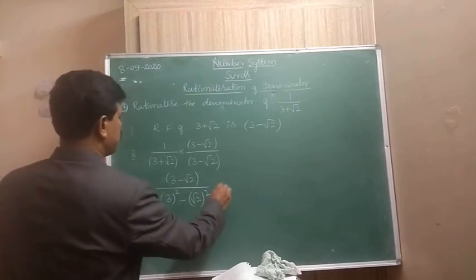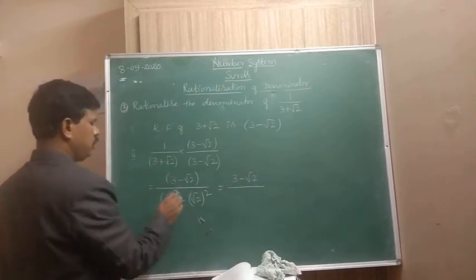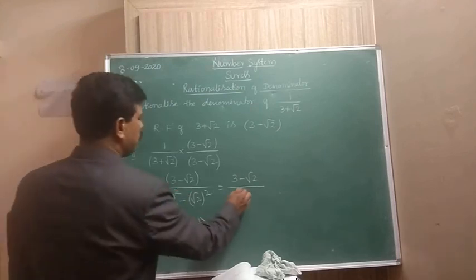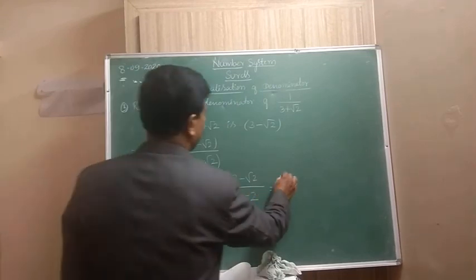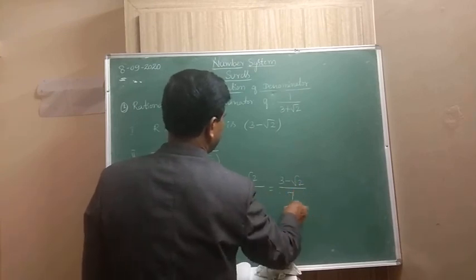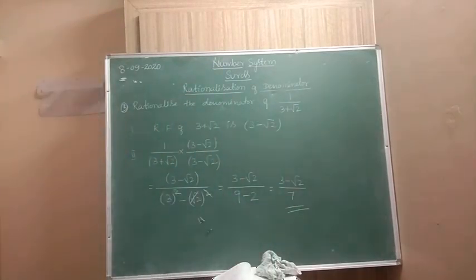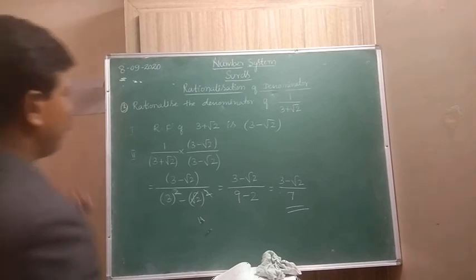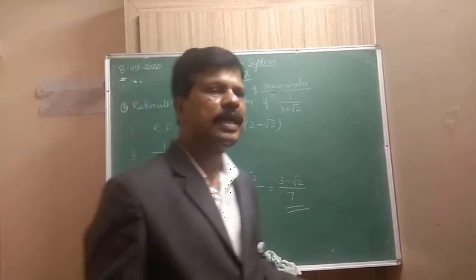So this is equal to 3 minus root 2 divided by 3 square, which is 9, minus 2. So this is 3 minus root 2 by 7, since 9 minus 2 is 7. This is the rationalization of a binomial. When the denominator is a binomial, this is how to rationalize it. Understood?